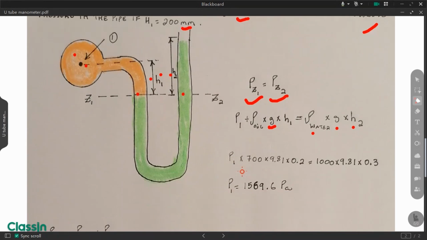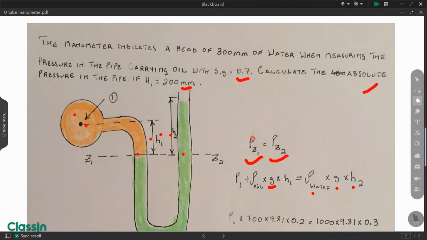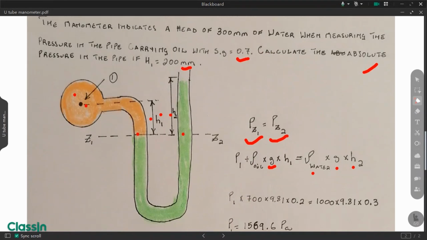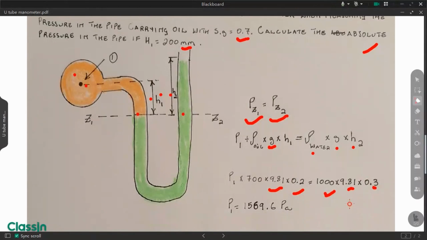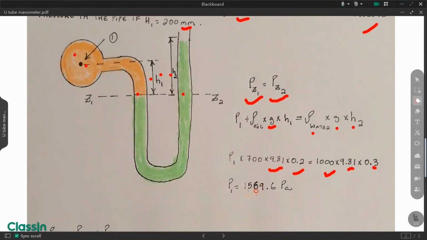So we converted the specific gravity by multiplying by 1,000, which gives us 700, multiplied by gravitational acceleration multiplied by the pressure head, equal to the density of water, gravitational acceleration, and the pressure head of water. So we found that P, the pressure in the pipeline, is 1,569.6 pascals, which is the gauge pressure.